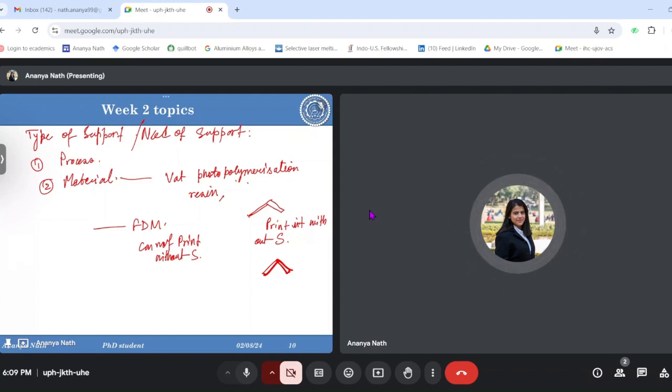So it's not true that if somebody tells you that I have a part which has an overhang portion, which has 10 millimeter length and less than 30-degree angle, then you can say whether it needs support or not.